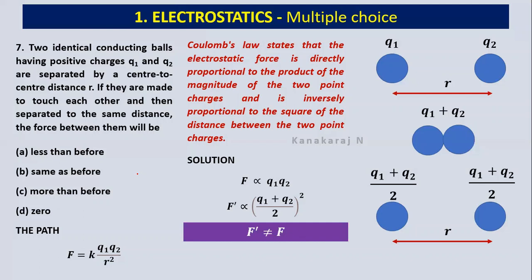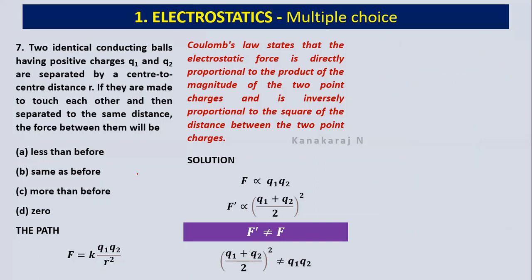In the place of F prime, let me write Q1 plus Q2 by 2 the whole square, which is not equal to Q1 multiplied by Q2. Let me square the left hand side. So what I get: Q1 plus Q2 the whole square is not equal to 4 times Q1 Q2. By using the A plus B whole square formula, I get the expansion Q1 square plus Q2 square plus 2 Q1 Q2, which is not equal to 4 Q1 Q2. Let me bring the right hand side 4 Q1 Q2 to the left hand side.